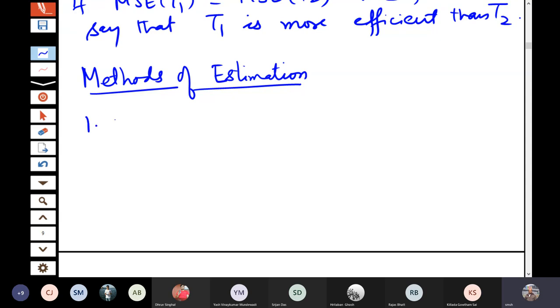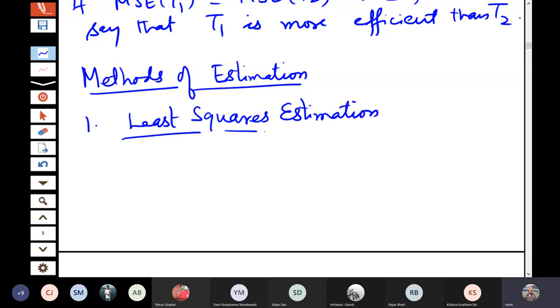So the first one, of course, which is historical also, is called least squares estimation. Actually, this started from the early 18th century itself, when Carl Friedrich Gauss, one of the most important mathematicians, was given the task of estimating certain planetary movements.